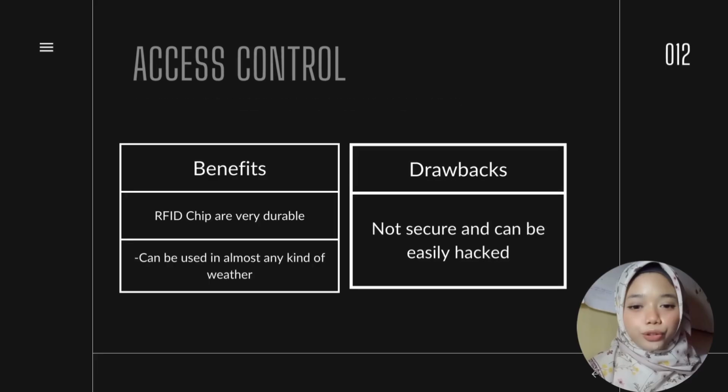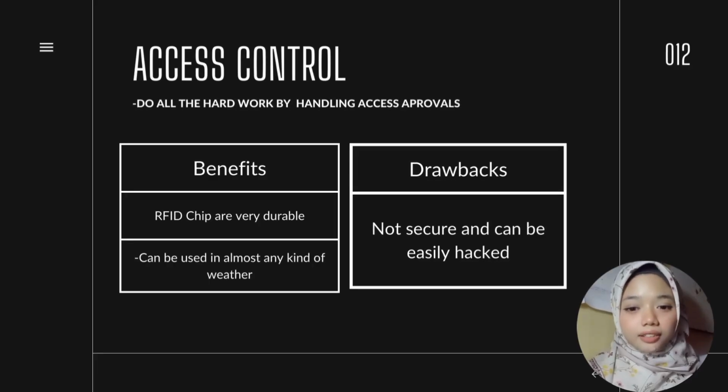Right? Access control. RFID does all the hard work by handling access approval. Each RFID reader sends a signal, allowing readers to grant or refuse access to specified facilities depending on access level or permission. So what are the benefits of using RFID in access control?